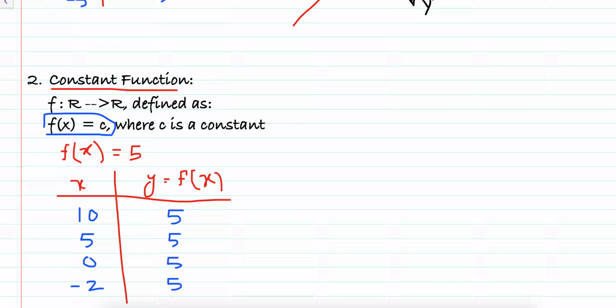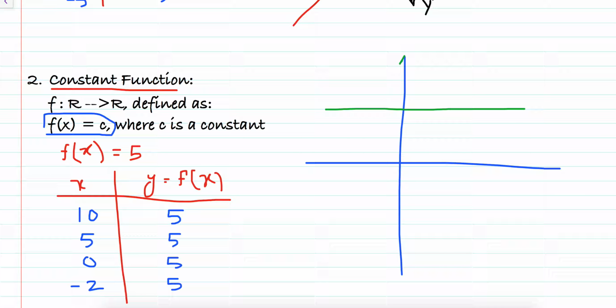It's constant. So its plot will be like this. So this is 5.